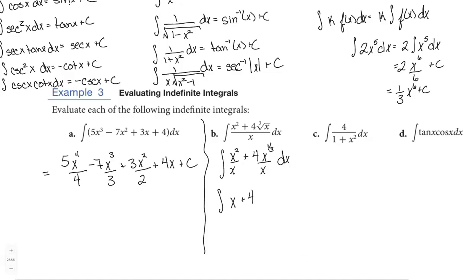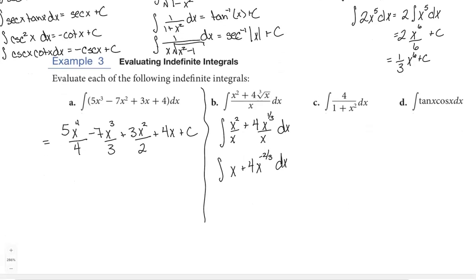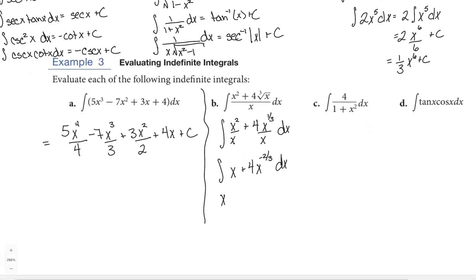Same thing here, 1/3 minus 1 is going to give me a -2/3 for that exponent. So now I'm going to add 1 to the exponent, divided by the new exponent, 4. And I'm going to add 1 to the exponent, so -2/3 plus 1, which is 3/3, would give me a positive 1/3. And then I'm going to divide by the new exponent.